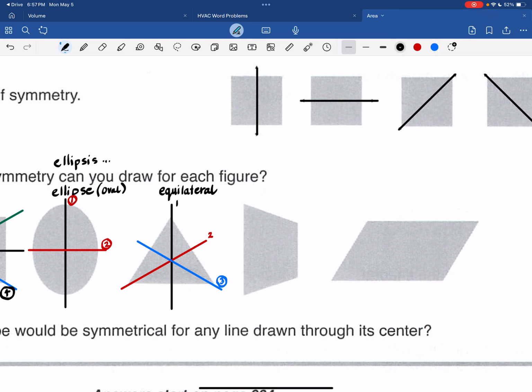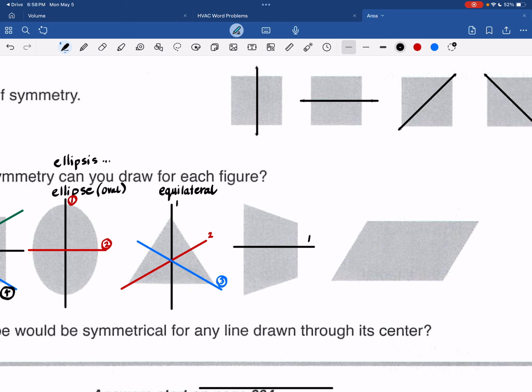Our friend the trapezoid has 1 line of symmetry, and it will always connect the bases. 1 line of symmetry. Our parallelogram has no lines of symmetry.